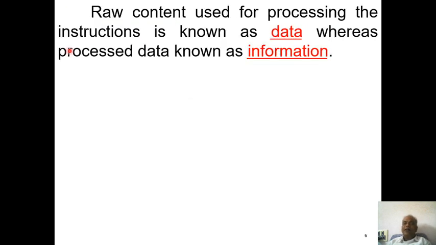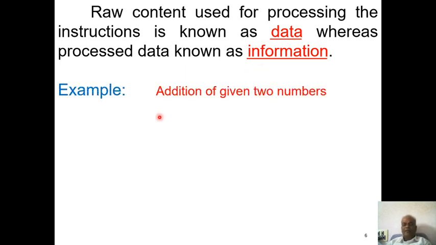The raw content used for processing instructions is known as data, whereas processed data is known as information. Let us take a very simple example, addition of two given numbers. If you want to add two numbers, you have to take two numbers and perform addition on them. Then you get the sum of those two numbers.